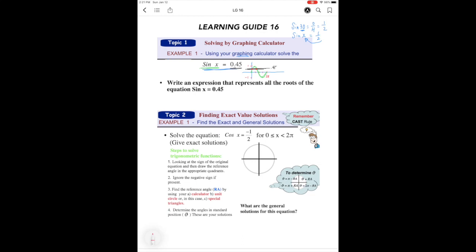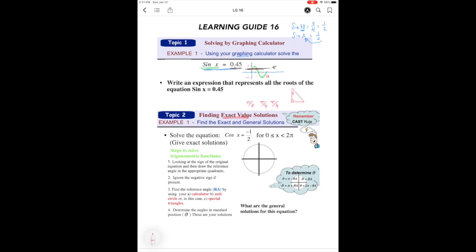So let's look at finding exact values. Remember, exact values are those coming from triangles: the pi over 3, the pi over 4, and the pi over 6. We'll be using those for these exact triangles. Let's just draw them out, because I draw them every time so that I have it memorized.